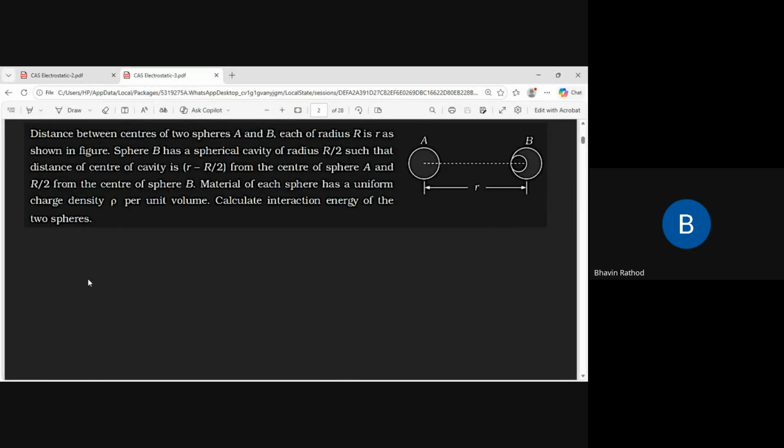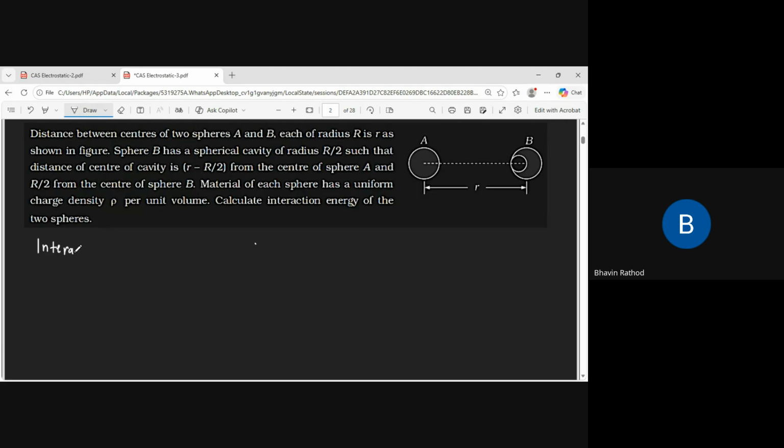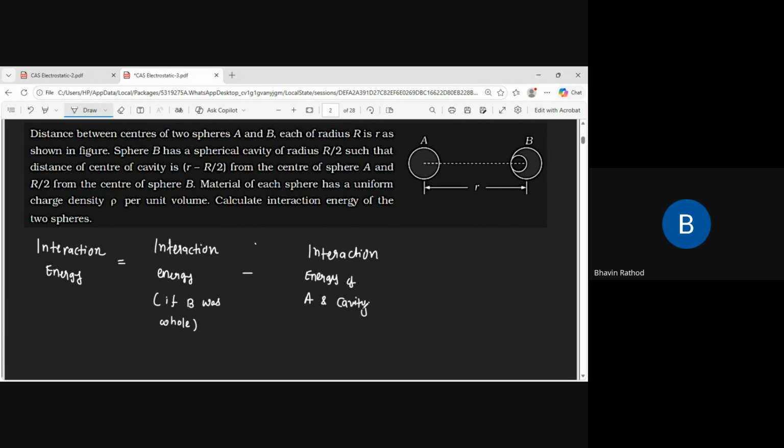So I can say that the interaction energy of these two spheres would be equal to the interaction energy of the two spheres if both of them were whole, minus the interaction energy of A and the cavity charge.